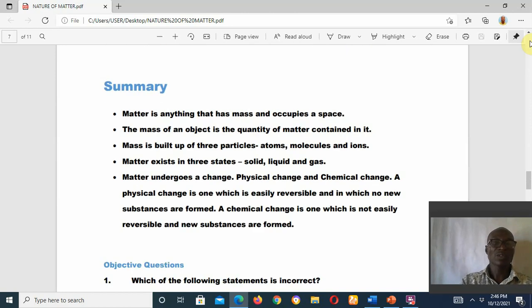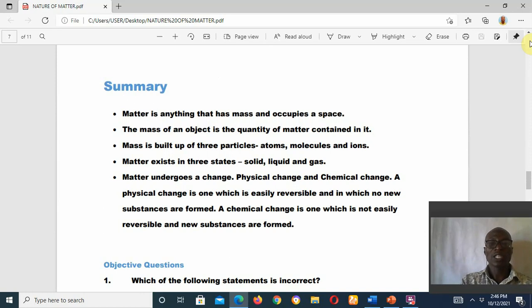Summary of what we have done so far. We said that matter is anything that has mass and occupies space. The mass of an object is the quantity of matter contained in it. Matter is built up of three particles, that is, atoms, molecules, and ions. Matter exists in three states: solid, liquid, and gas.